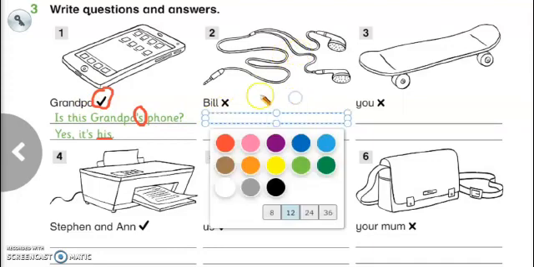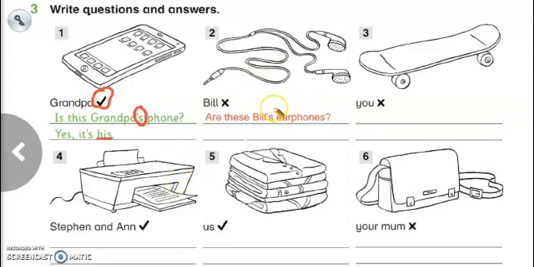Remember we have to use the possessive s. And here we have a cross, so we answer with no. No, they aren't.